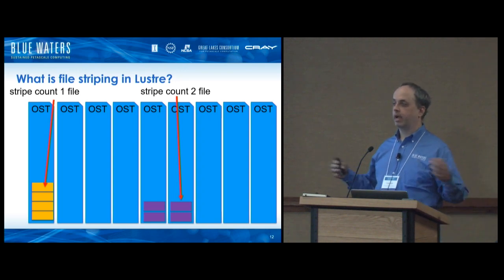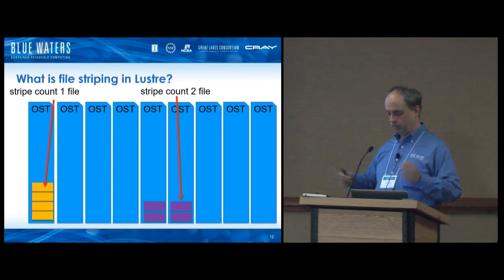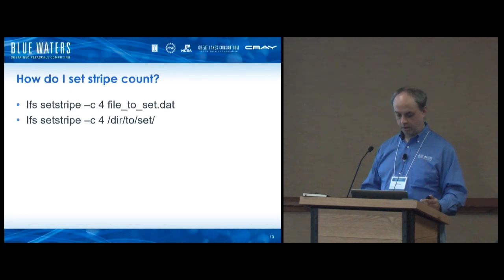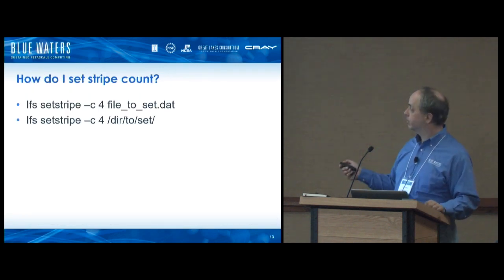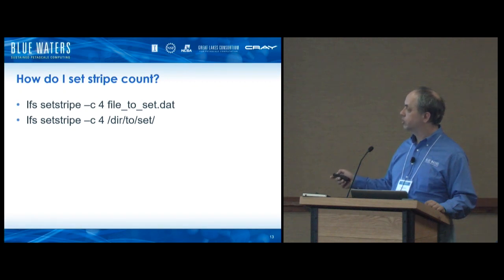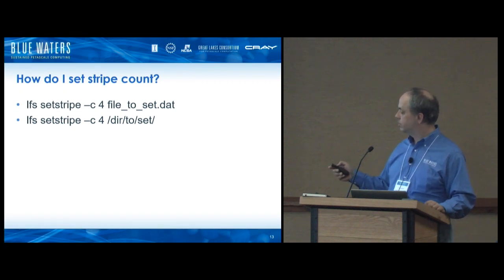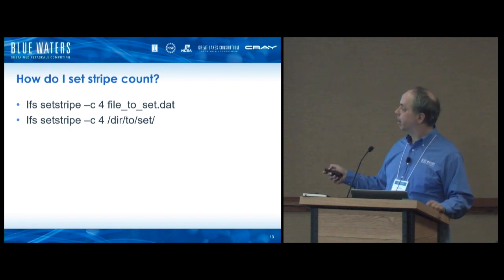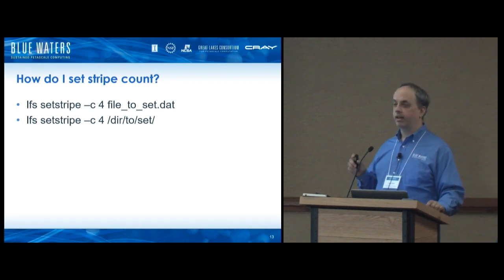So a bigger stripe count means it's spread across more resources, which may be of advantage to you. How do you set stripe count? There's a set of commands, lfs setstripe. These will be things you will learn to use. You can set a file before you create it, and I will get to that in a second, or you can set the stripe on a directory, and then any files created in that directory will have that stripe count.